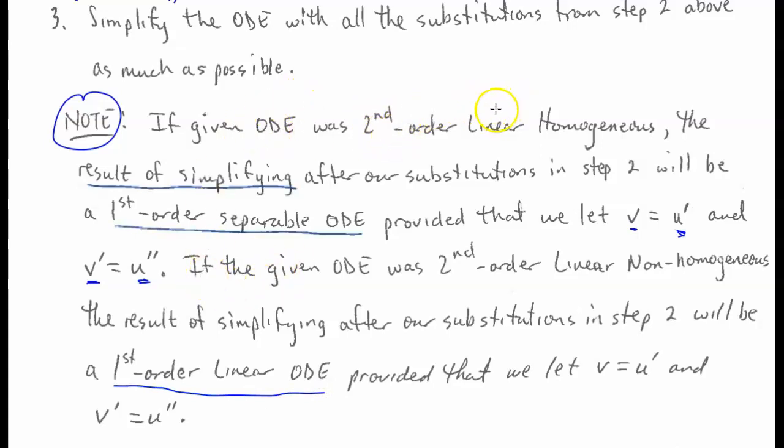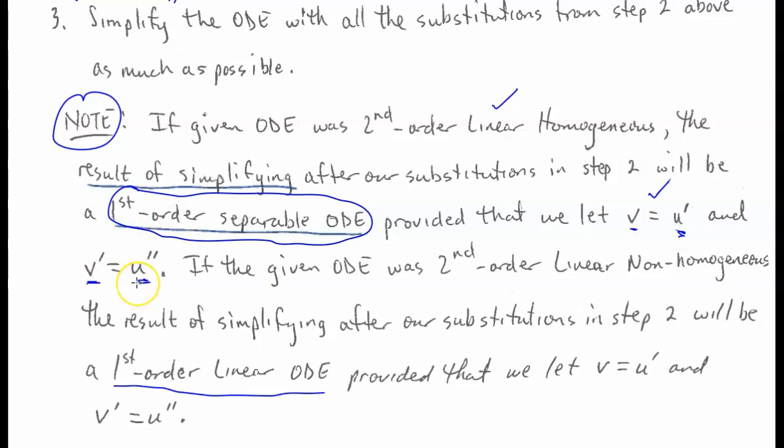If what we have to start off with is a second order linear homogeneous equation, after we figure out what y2 prime is and y2 double prime is, and substitute everything into that equation, we are expecting to get a first order separable ODE out of it. And that will happen by us making this substitution of letting v equal u prime and v prime being u double prime.